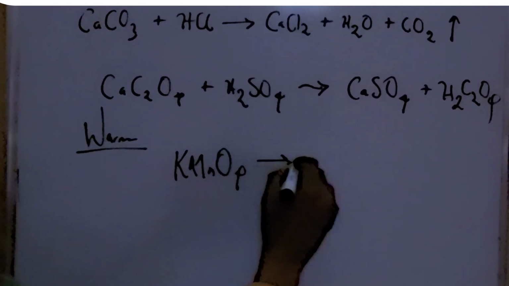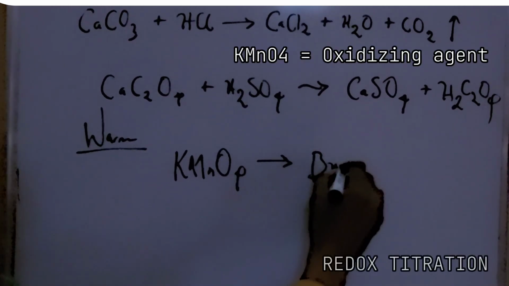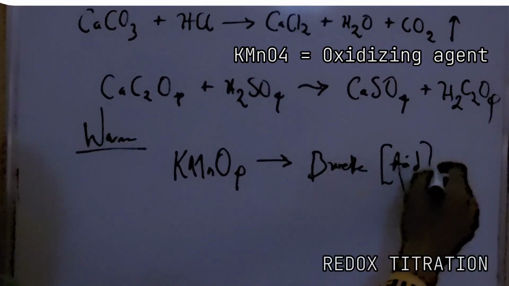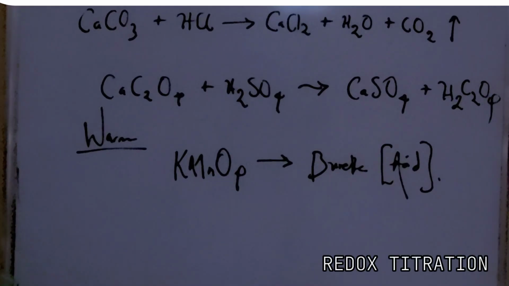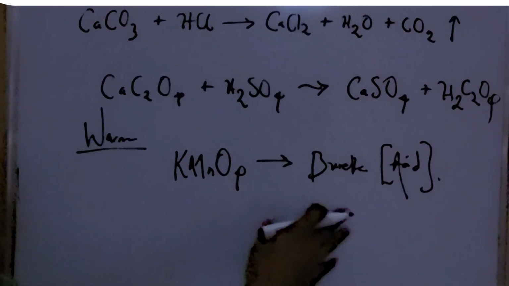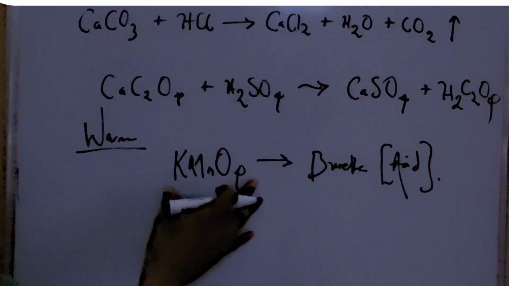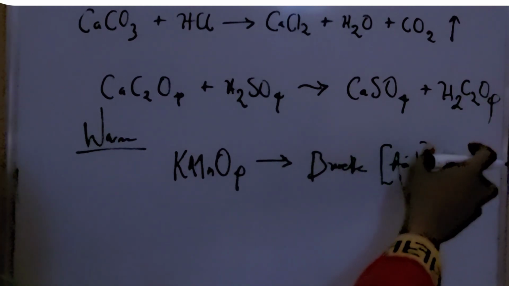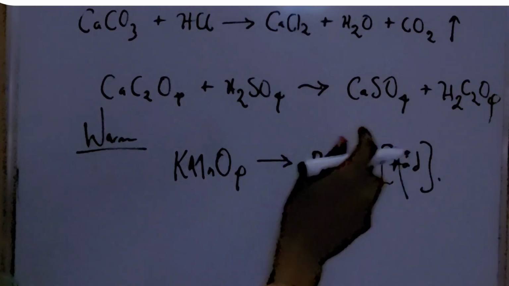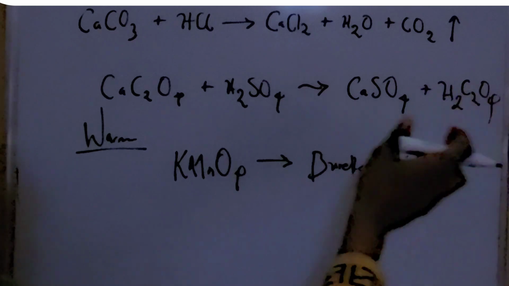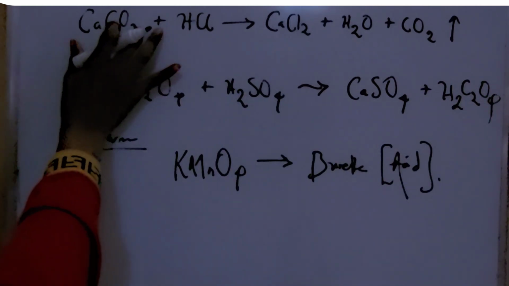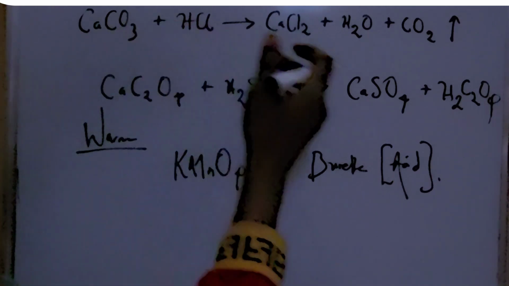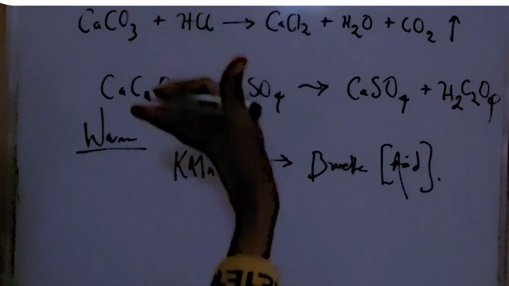Potassium permanganate will be in the burette, serving as the titrant, like the acid in an acid-base titration. Remember, potassium permanganate is an oxidizing agent, and the oxalate is the reducing agent. And remember what we said: the oxalate is directly equivalent to the calcium carbonate, because we derived the oxalate from the calcium carbonate by reacting with the oxalic acid, remember, in the first stage.